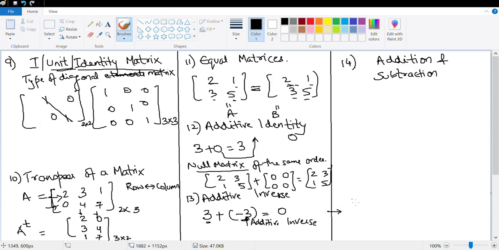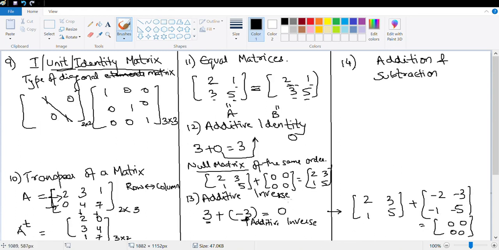For example, if I have a matrix 2, 1, 3, 5 and I add another matrix, negative 2, negative 3, negative 1, negative 5, this will give me a matrix which is 0, 0, 0, 0. Perfect. So the additive inverse is a matrix which, when added to a given matrix, gives a 0, in this case a null matrix of the same order.